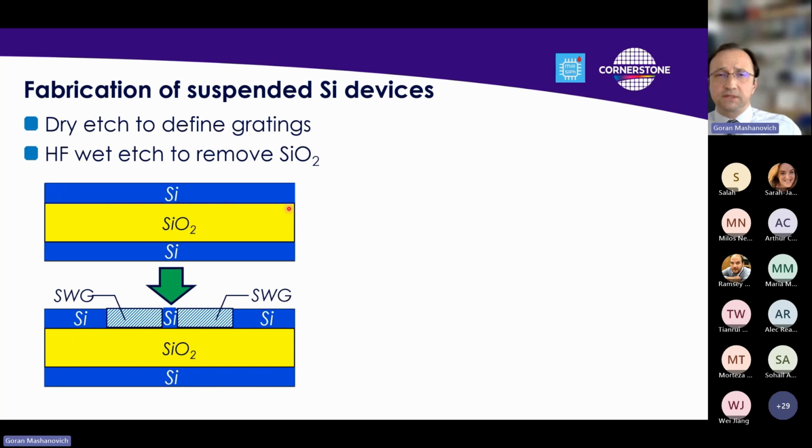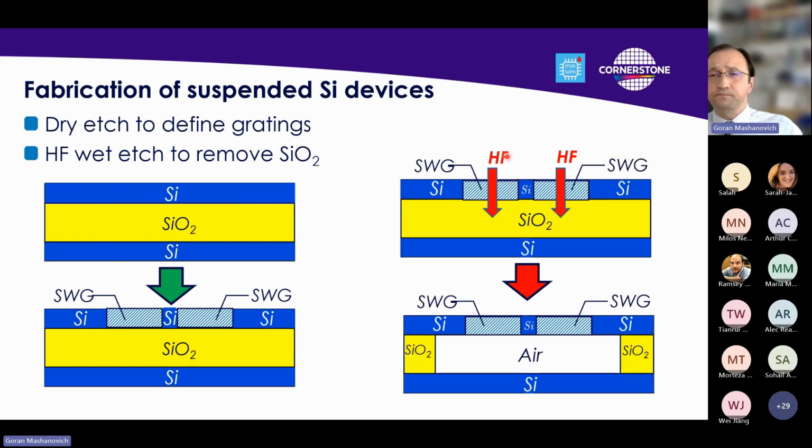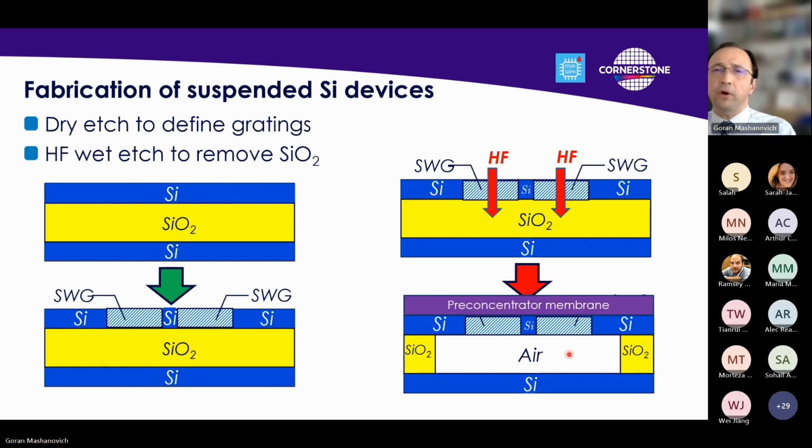So what's the fabrication of these structures? As I said, we first do dry etch to define these gratings, and then we use HF, liquid etchant, to remove the oxide. So that etchant will just attack oxide, but won't etch silicon, and then we get air gaps here. In some cases, we also want to use a pre-concentrator. So let's say that we cannot get large lengths on our chip, and we need to reach a certain limit of detection, which is quite small.